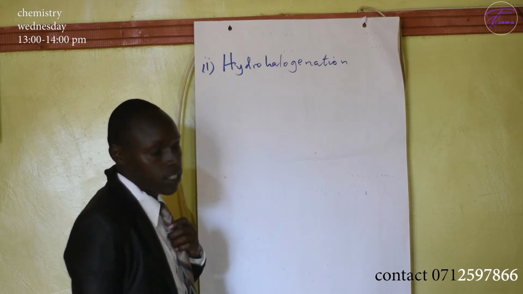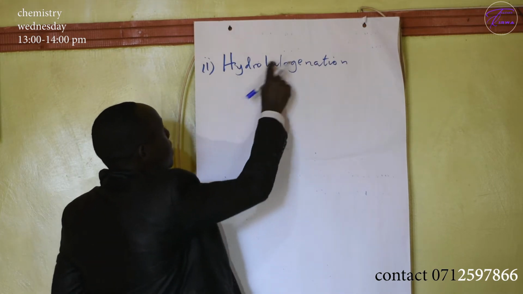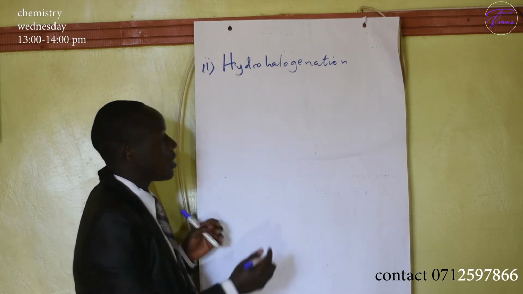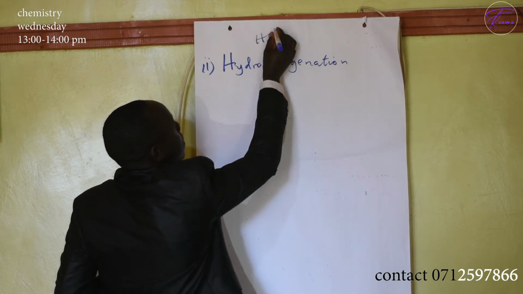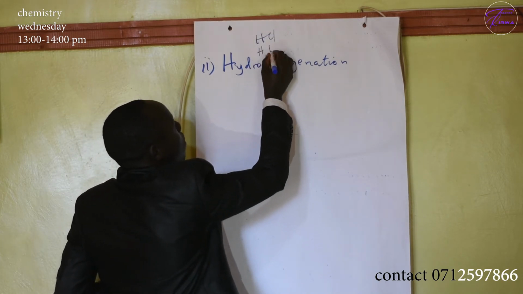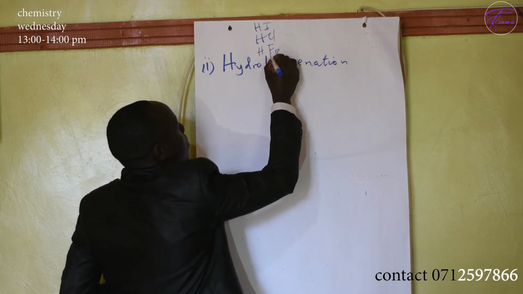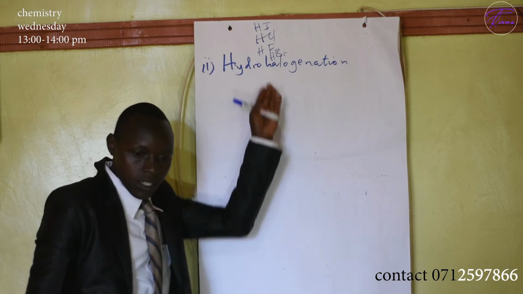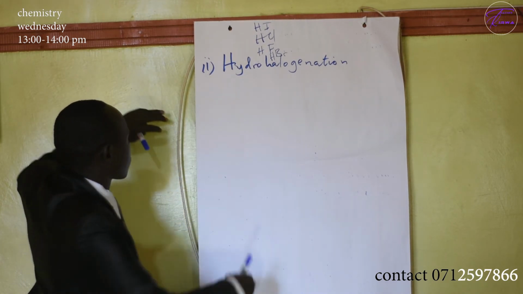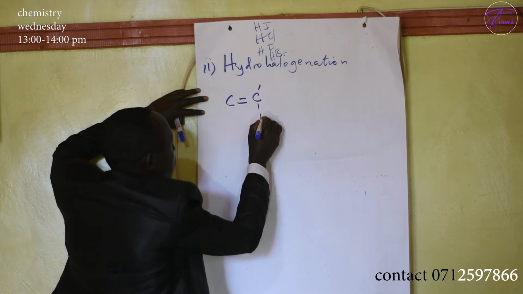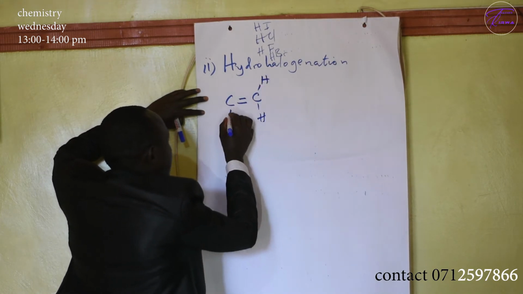So it is addition of a hydrogen halide. For example, we have hydrogen chloride, hydrogen fluoride, hydrogen iodide, and we have hydrogen bromide. So addition of these to an alkene. For example, you have ethene. So we are using ethene to represent all the other alkenes.